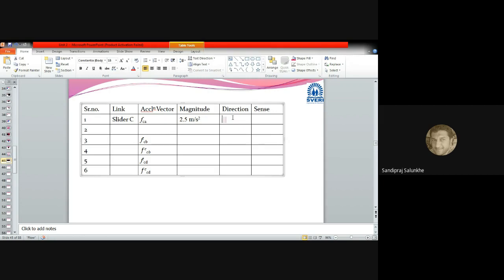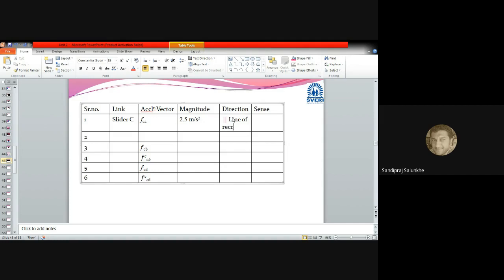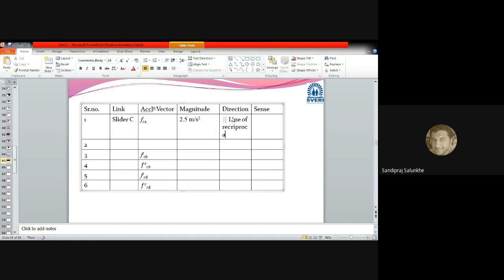So we have to just say parallel to line of reciprocation. Okay. Sense, where will it go? It is given in the problem that it is going right. Okay, in the direction of acceleration.